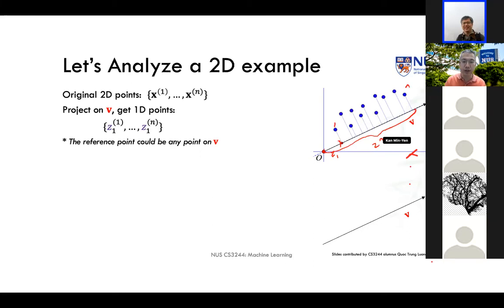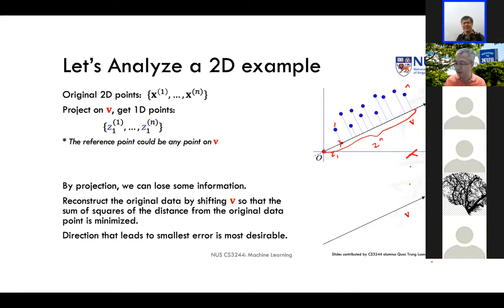So we're trying to encode as much data as possible where the variance in this direction is the largest, okay? The reference point could be anywhere on V. We're just choosing one here. Of course, when we do this projection, we're losing some information, because basically what we have are just these data points here, all the data points on this line.